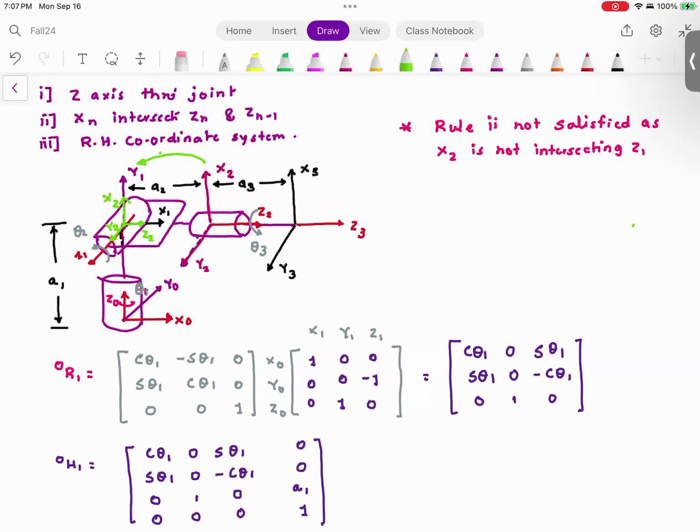Everyone understood this? Okay, so I'm going to do the exact same thing and write it over here.